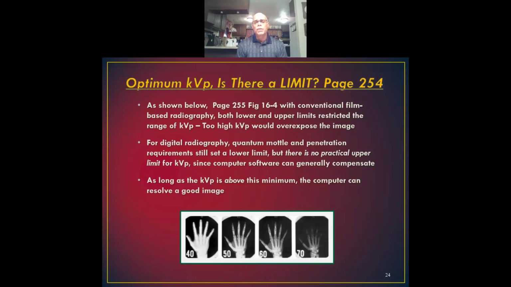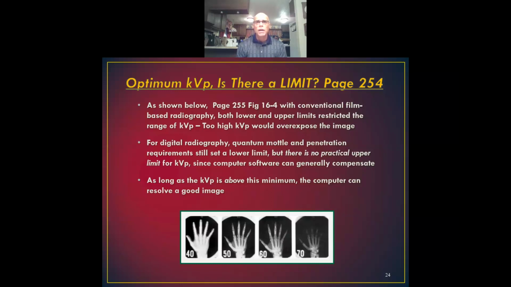Now for digital DR, quantum mottle and penetration requirements still set a lower limit. Quantum mottle, by definition, simply means that the image did not receive enough x-rays, enough energy, so not enough KVP and not enough mAs, so you get this speckled look. And obviously, you have to get your minimum penetration, as always.